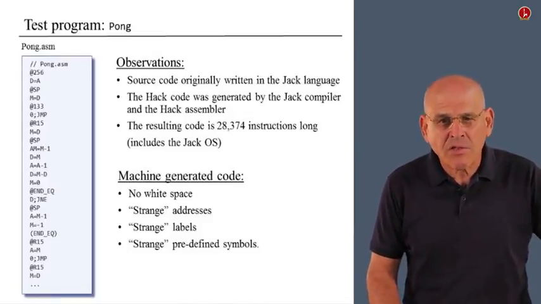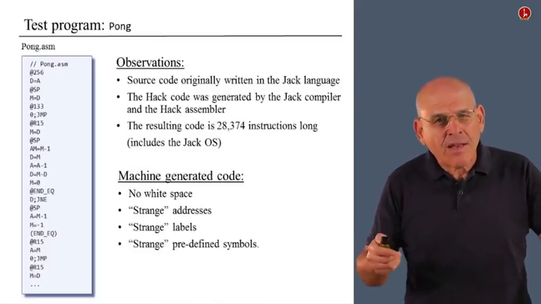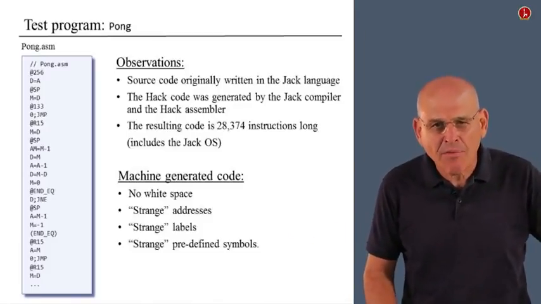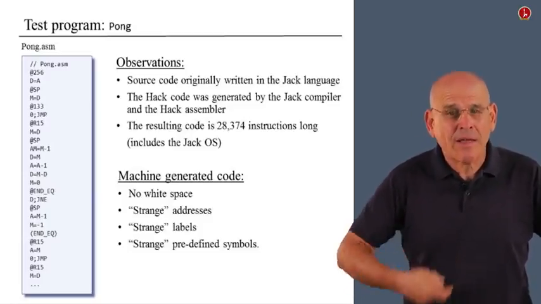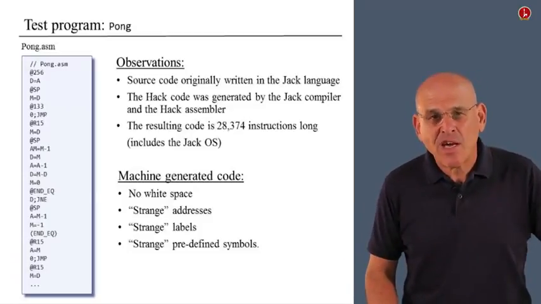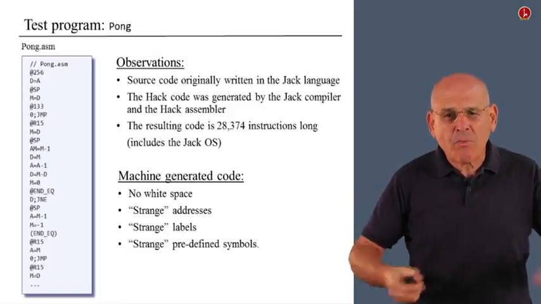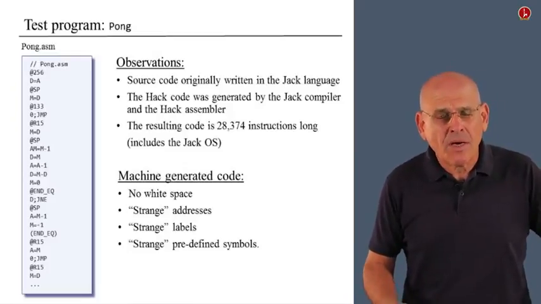You also see all sorts of strange labels, like, for example, end underline eq. Where does this end eq come from? Well, this was generated by the compiler automatically when it translated the Jack code that was written by the programmer. And you also see all sorts of predefined symbols that we haven't seen before, like SP. What is SP?